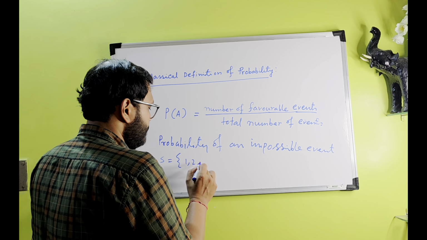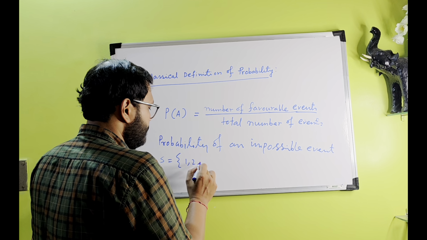Now, if I ask you, what is the probability of getting 8? Is there any 8? No, there is no 8. So this will be 0, the number of favorable events divided by the total number of events. 8 is not there, so 0 by 6.